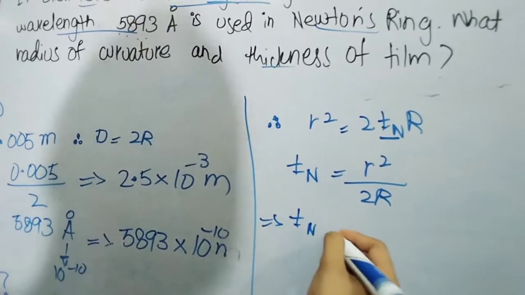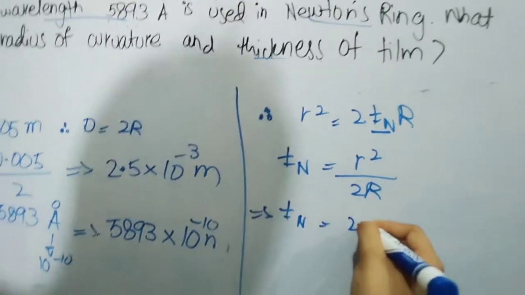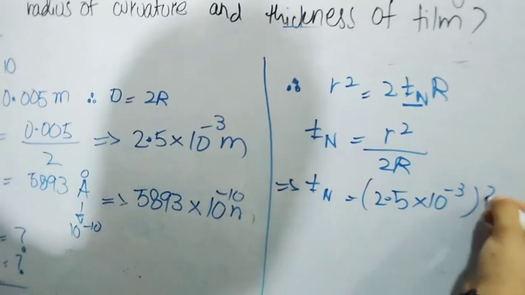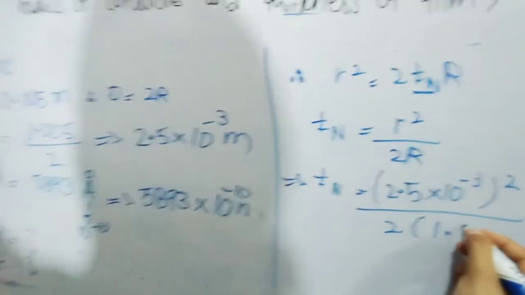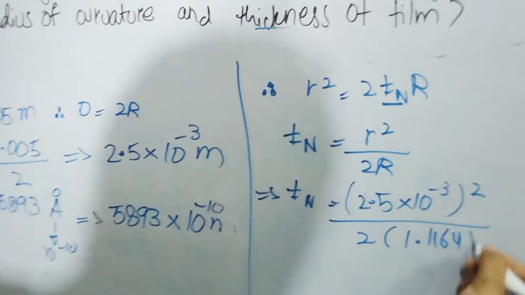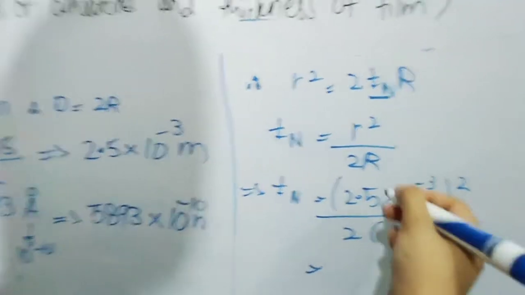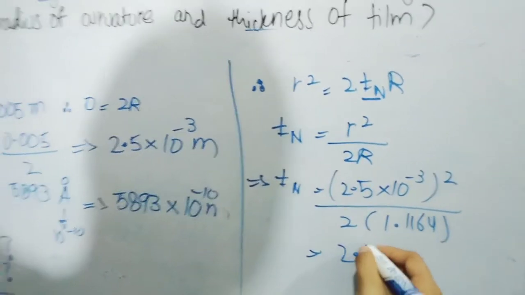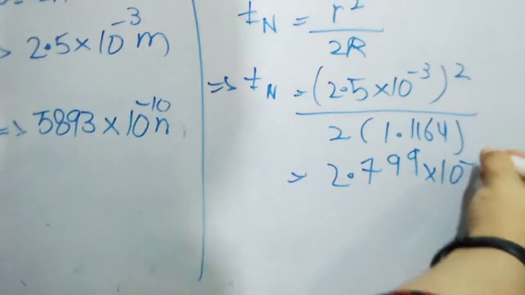We know that r is 2.5 into 10 raised to the power negative 3, so 2.5 into 10 raised to the power negative 3 squared, and our capital R, which we just found in our last answer, was 1.1164. If you take the square, multiply, and divide these values, the answer you will get is 2.799 into 10 raised to the power negative 6 meter.